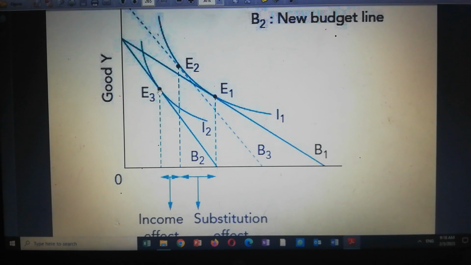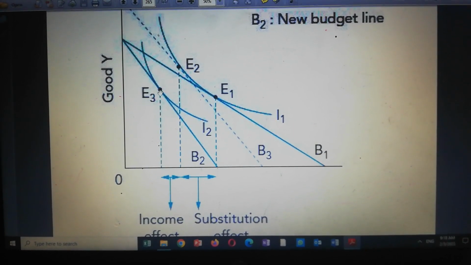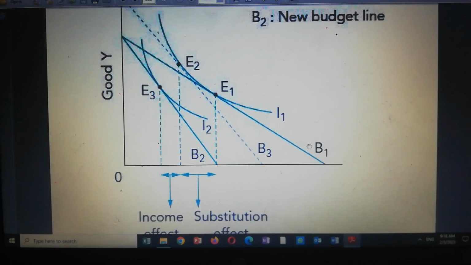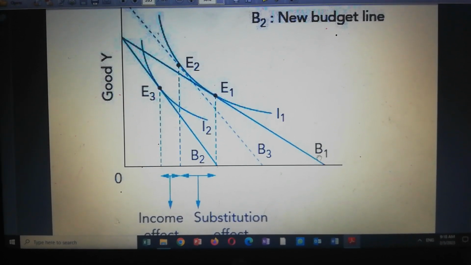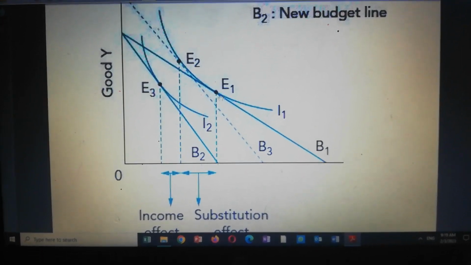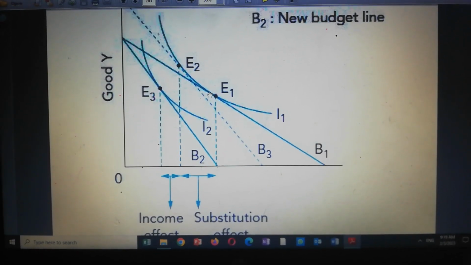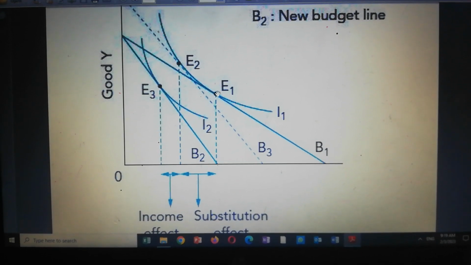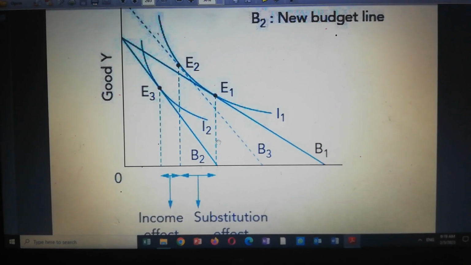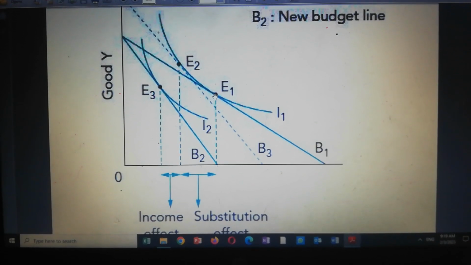But there's something that I want you to know. This thing happens as a process. There, I want you to be very attentive. It happens as a process. The first thing that will happen after the price of good X has gone up is that there is going to be movement along the same indifference curve, whereby the consumer was actually once buying this quantity of X. But now because X is now expensive, the consumer moves back to buy less of what?